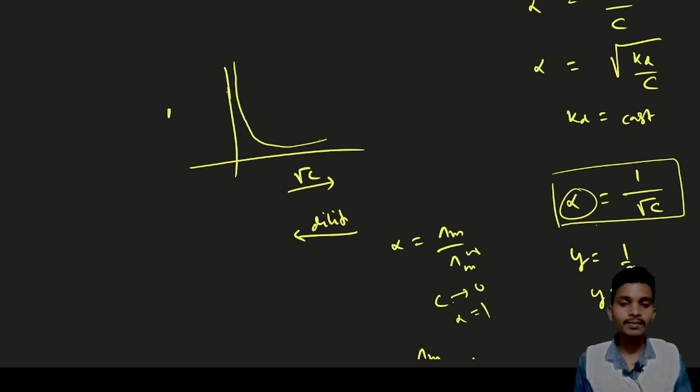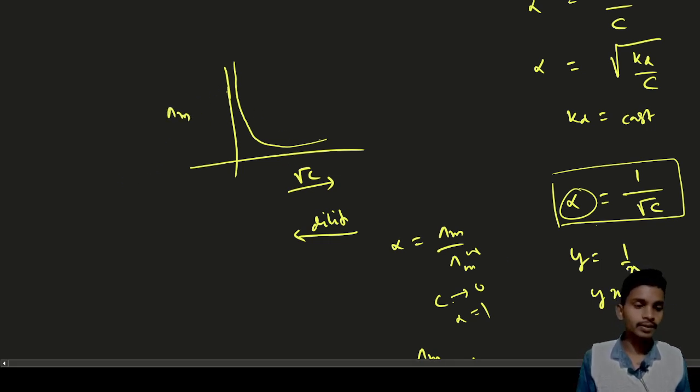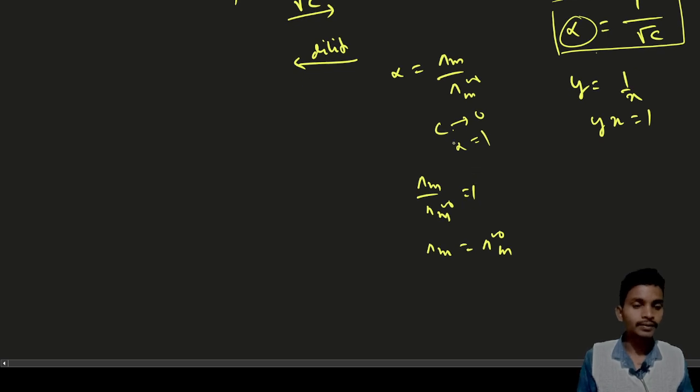So if I say this value is molar conductance and this by C, because alpha equals this by this, so whenever this tends to 0 then alpha equal to 1, then this equals this.